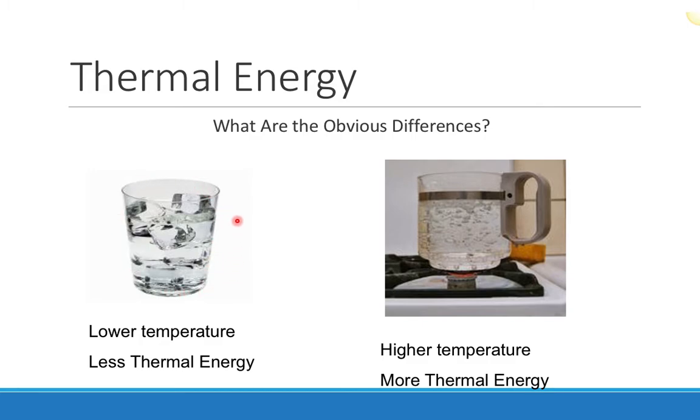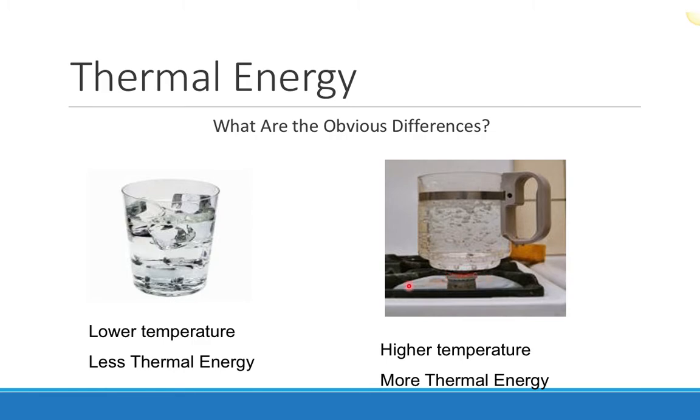So the ice water molecules, even though these are both made of water, and even if they both had the same amount of water in them, the molecules on average inside the ice water are not moving as fast as the molecules in the boiling water.